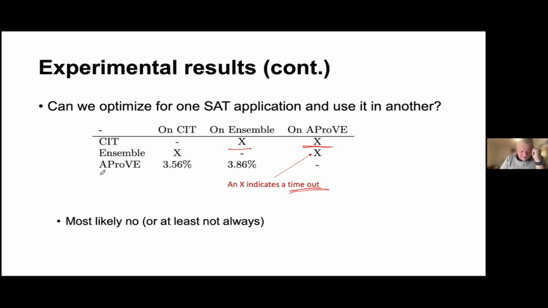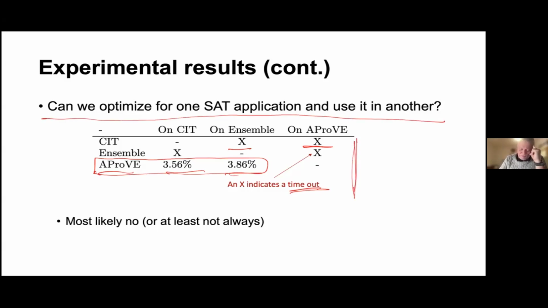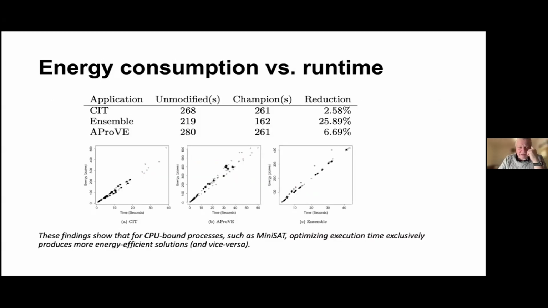But the interesting thing here is for proof, when they used it on CAD and on ensemble, they were still able to have a small reduction. But can we optimize for one SAT application the use of another? The answer is most likely not. So all the optimizations they were delivering, unfortunately, were not good enough for all the programs, which is a pity, I would say.